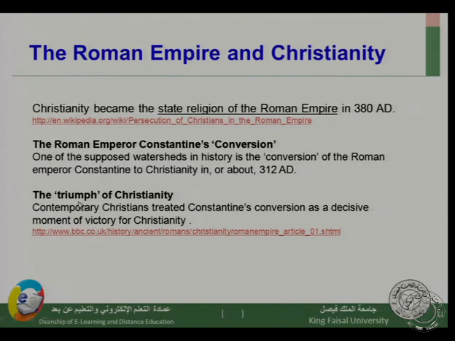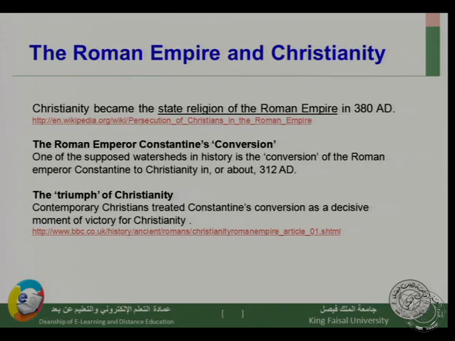Constantine is the one who gave the triumph for Christianity. Contemporary Christians treated Constantine's conversion as a decisive moment of victory for Christianity. So this is a very important statement.